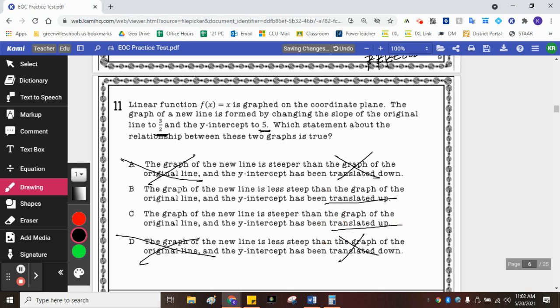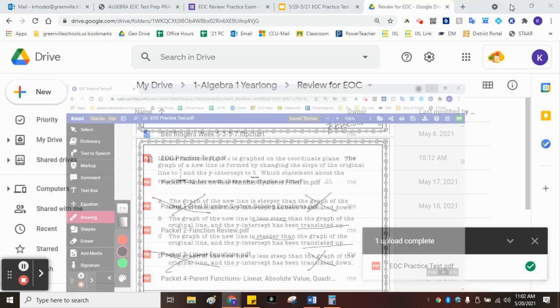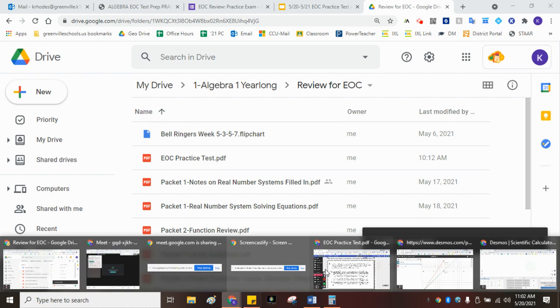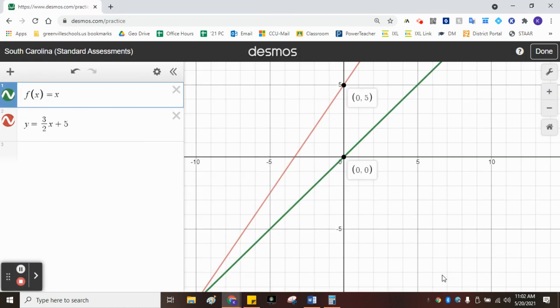The difference between B and C: is the graph of the new line less steep than the graph of the original, or is it steeper? So which line is steeper is what we're looking for. The original green line.